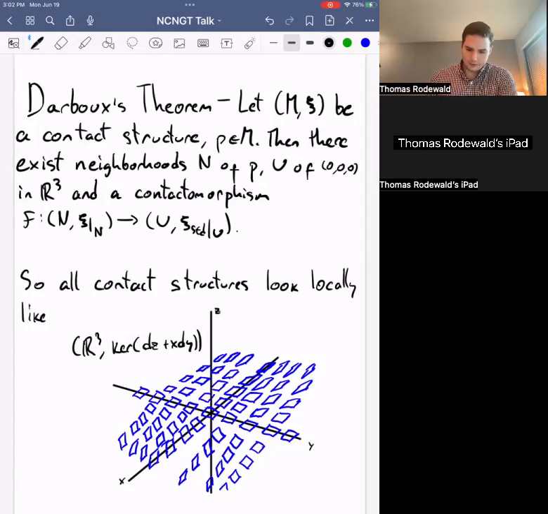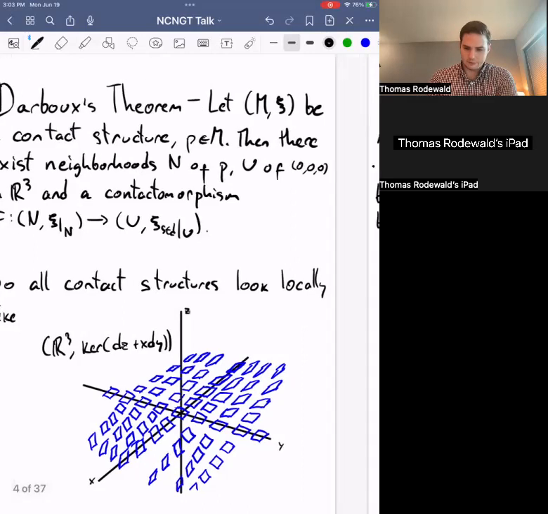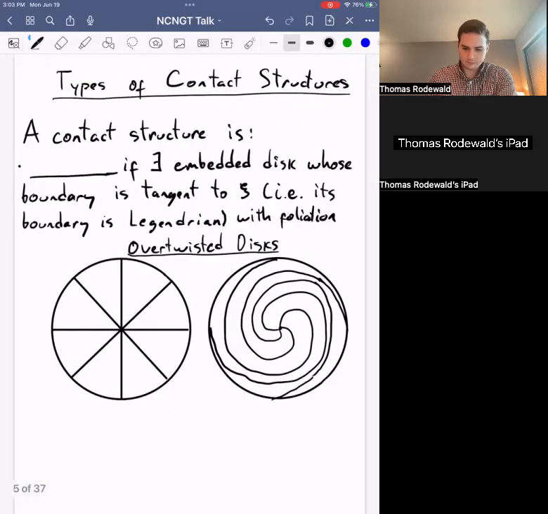So there are a few kinds of contact structures we want to define. A contact structure is overtwisted if there exists an embedded disk whose boundary is tangent to the contact structure. So we say that its boundary is Legendrian, and it has a foliation like these.